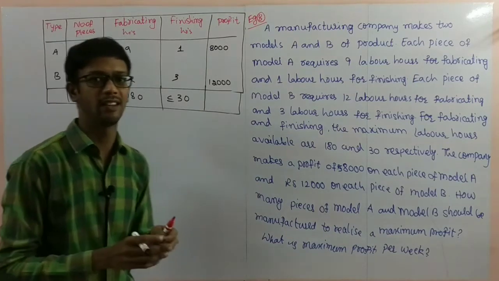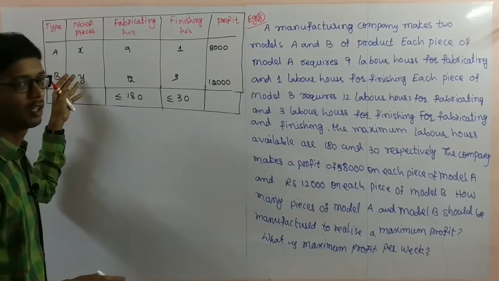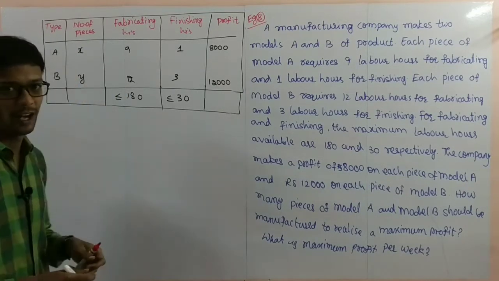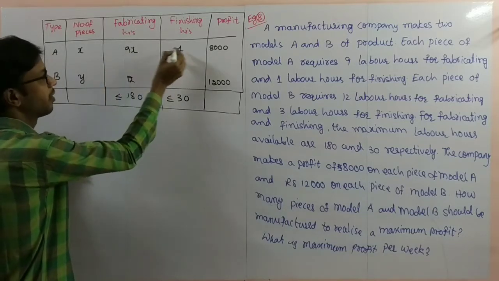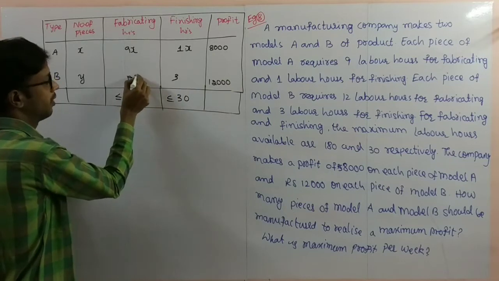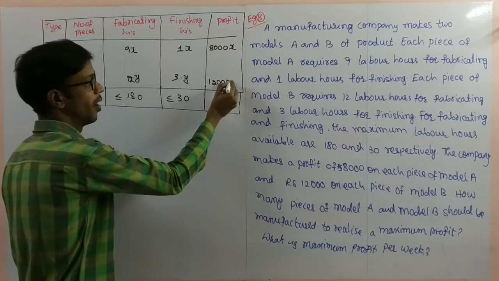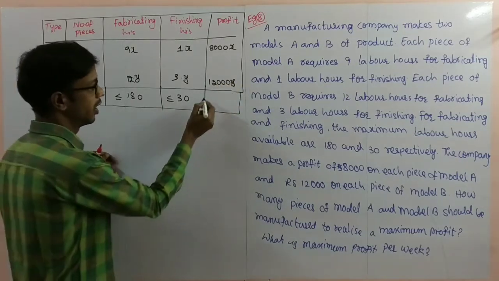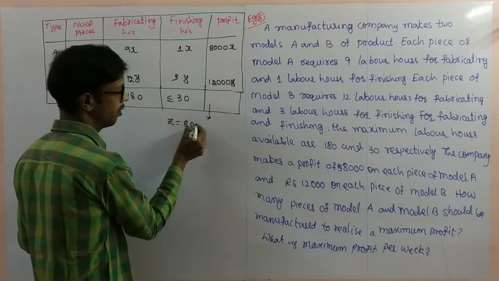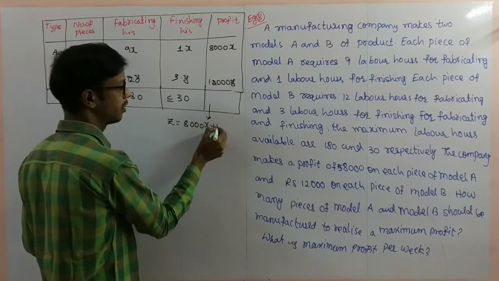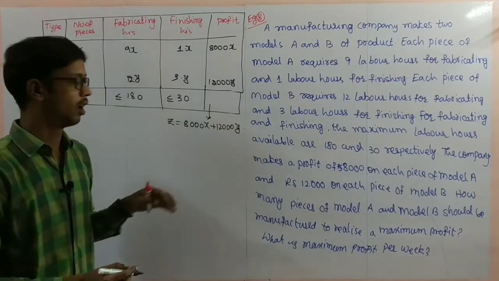I am assuming x is the number of pieces of model A, and y is the number of product B items. For one piece, 9 hours are needed, so multiply by x, and for y multiply by y. Profit for x items, profit for y items. So Z equals the total profit, 8000x plus 12,000y.